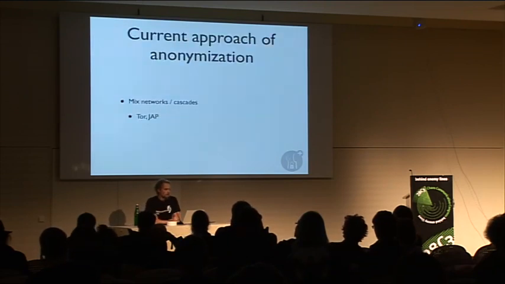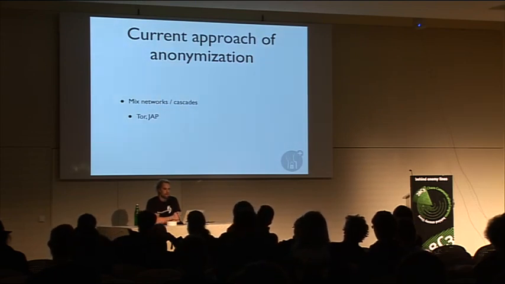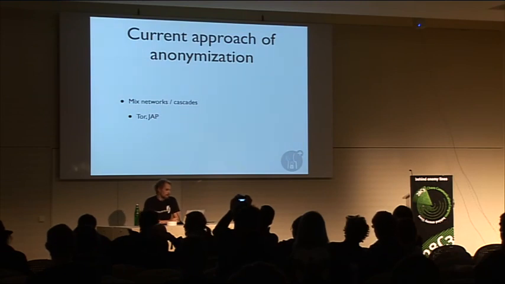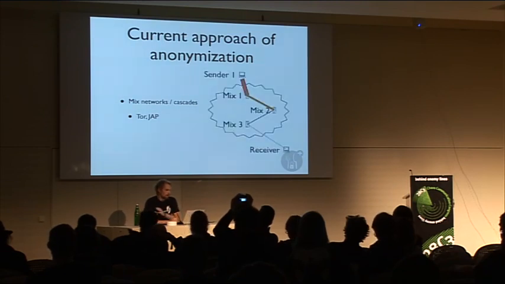So what is the current approach of anonymization technologies? If people are speaking about anonymization, it's most of the time mixed networks or mixed cascades. The two most famous representatives are Tor, the Onion Router, and JAP. They work more or less on the same principle.